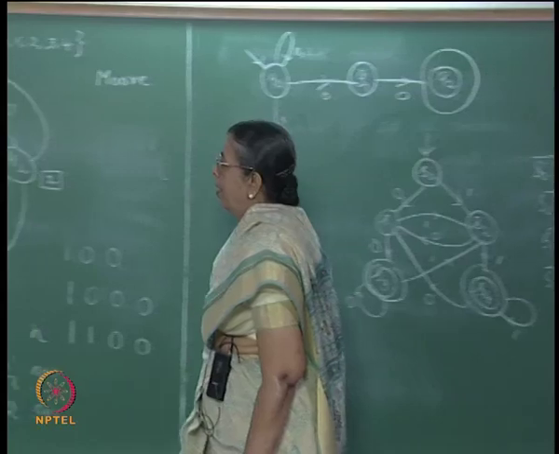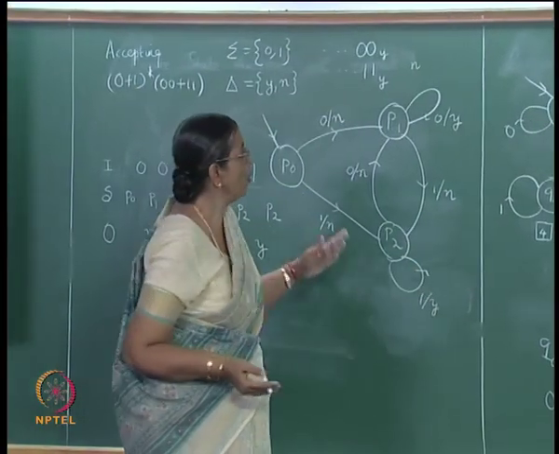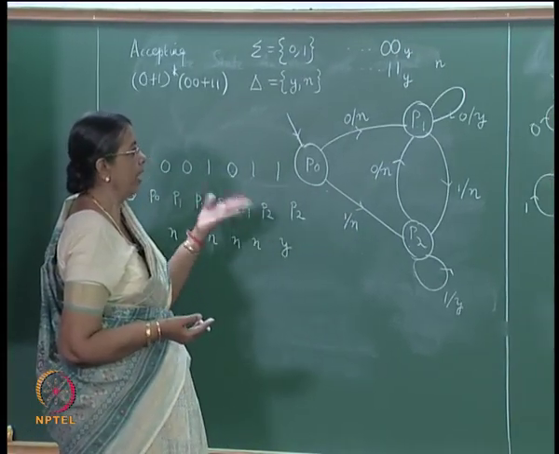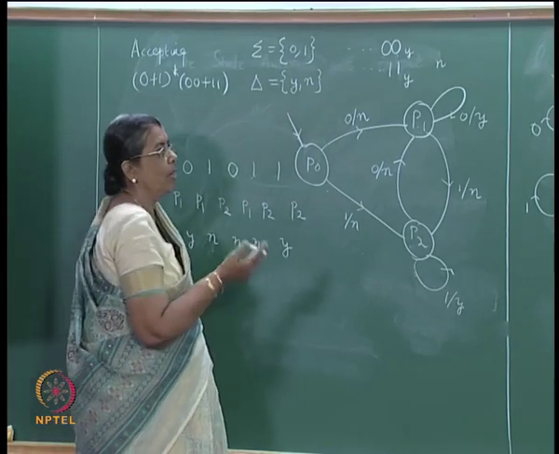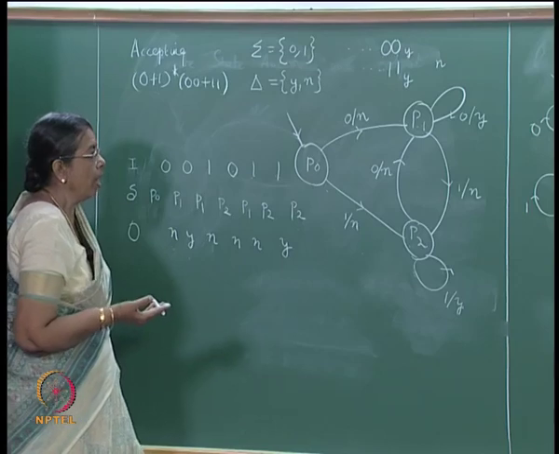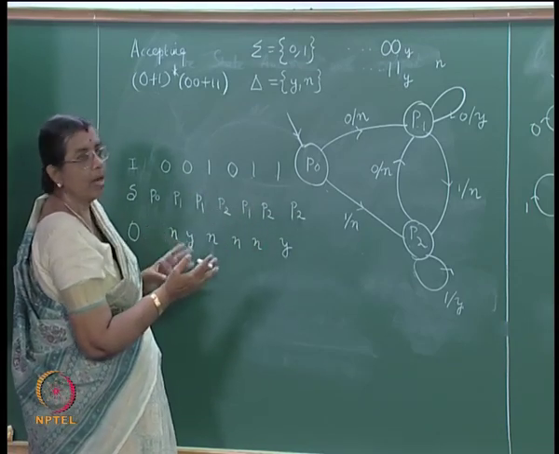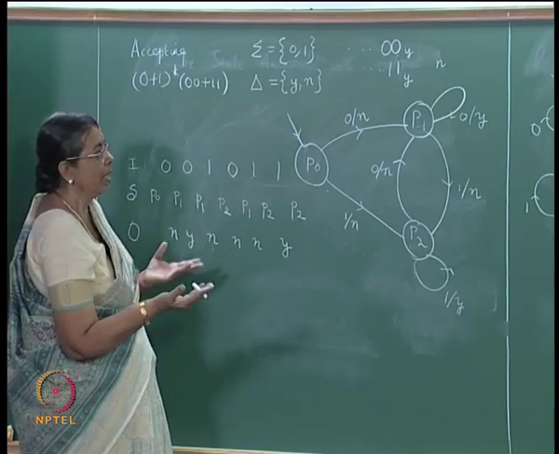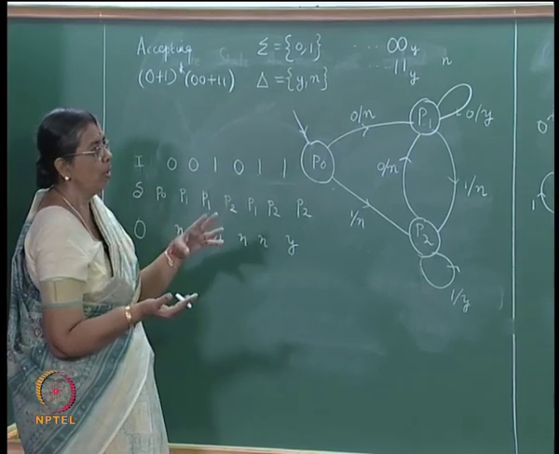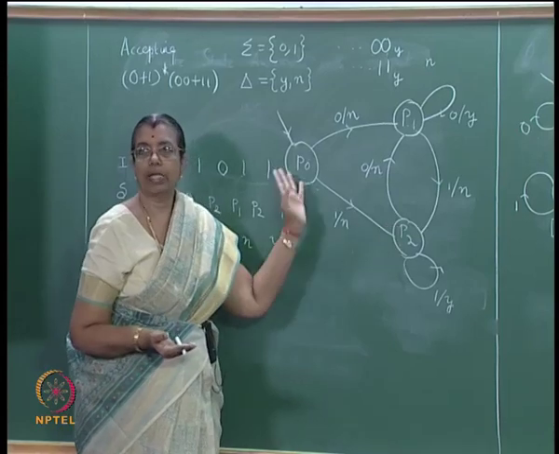But look at the same problem as a Mealy machine, where the output is yes or no. In fact, apart from yes or no, you could even say 0 or 1, it does not matter: 1 for yes, 0 for no. To output yes for a string ending with 2 zeros or 2 ones, and no otherwise, you require a machine which has only 3 states.